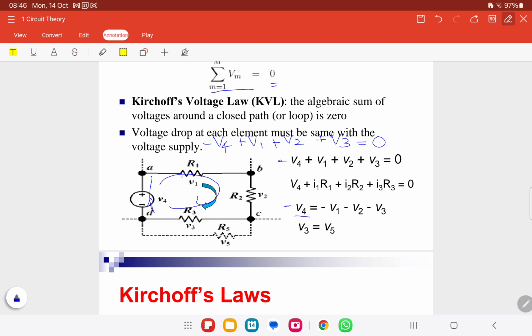Minus V4 plus, equals to 0. So kita boleh bawa all these thing pergi sebelah sana. Okay, sebab tu V3 equals, okay, this one V3 equals to V5 because it is same node kat sini. Okay, V3 and V5. Okay, sebab tu actually V4 is equals to V1 plus V2 plus V3.